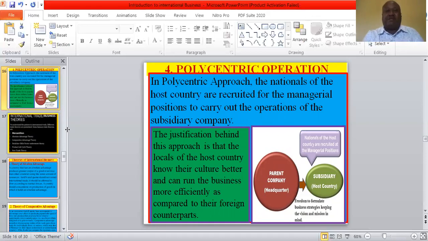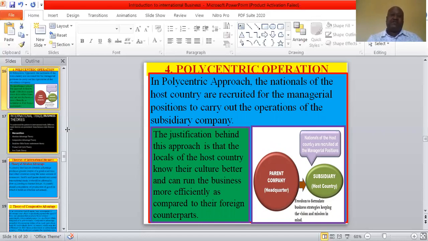Let's look at the last but very important, that is polycentric orientation. In the polycentric approach, the nationals of the host country are recruited for the managerial positions to carry out the operations of the subsidiary company. Okay? The justification behind this approach is that the locals of the host country know their culture better and can run the business more efficiently as compared to their foreign counterparts.